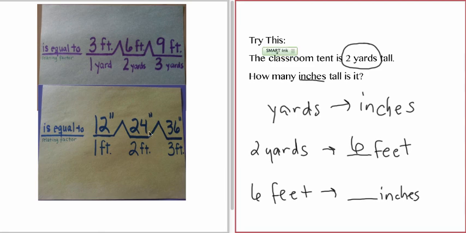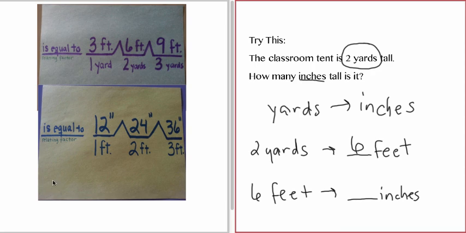If we look at our thinking map on the bottom here, this is going to help us convert feet to inches or inches to feet. You can see I have 1 foot, 2 feet, 3 feet on here, but I don't have 6 feet. However, if I know that every foot has 12 inches, I can just keep counting by 12 inches until I get to 6 feet.